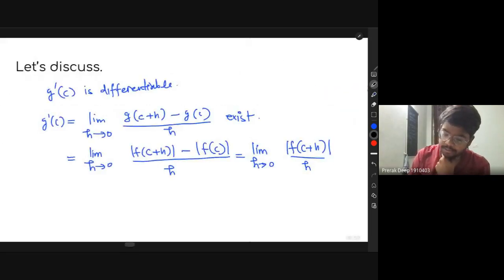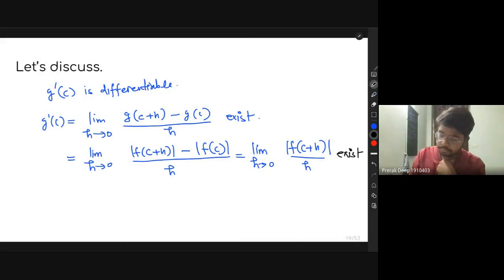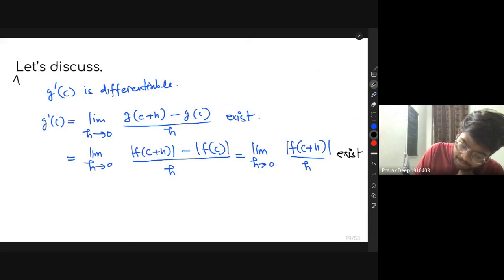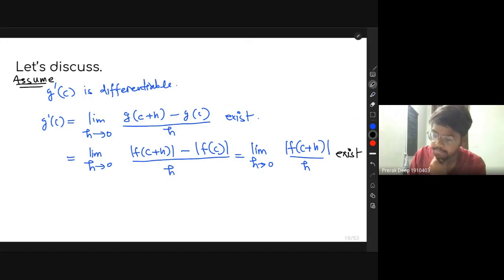If it is differentiable at c, that means this limit exists. That means this limit also exists.